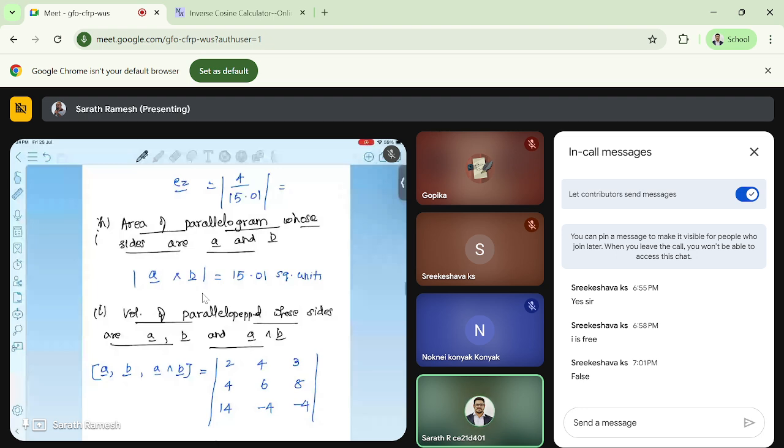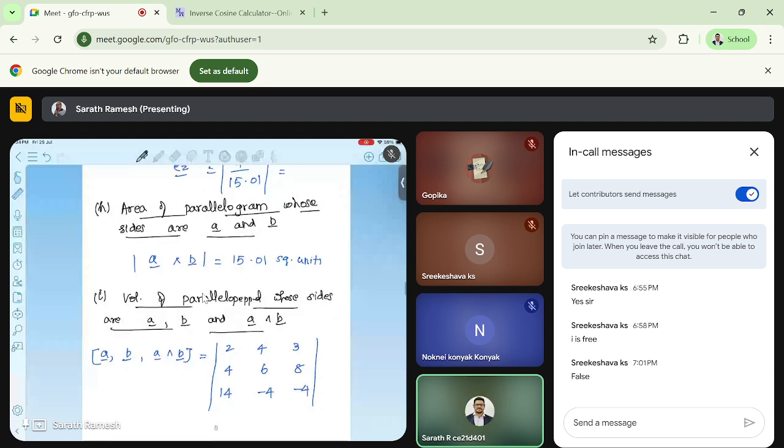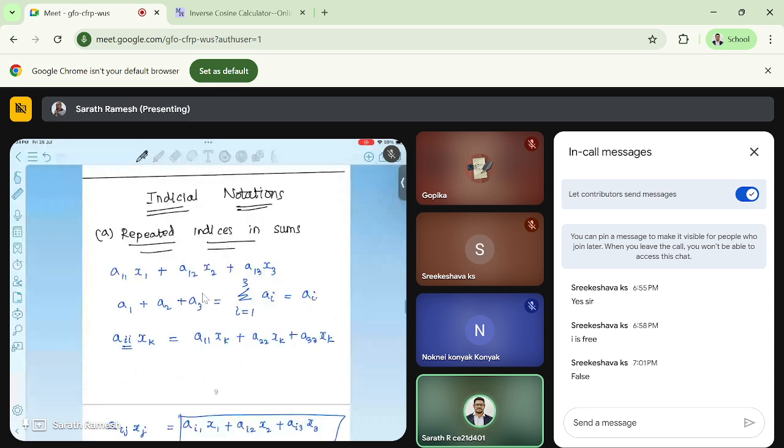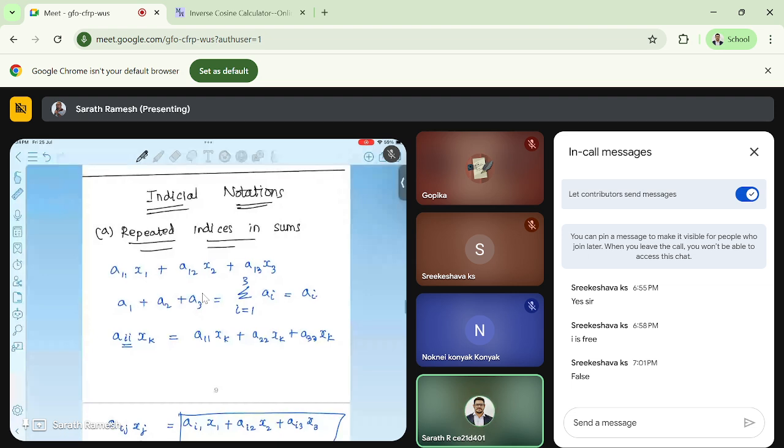Then we saw something called indicial notation. In indicial notation, we said if an index is repeated twice, it means summation from 1 to 3. We saw what is a free index and what is a dummy index. A free index we cannot change like that; a dummy index we can just play around with, we can change the variables. And then we saw two important notations in indicial notation, the Kronecker delta and the permutation symbol.